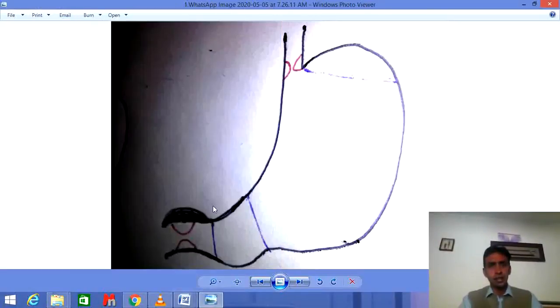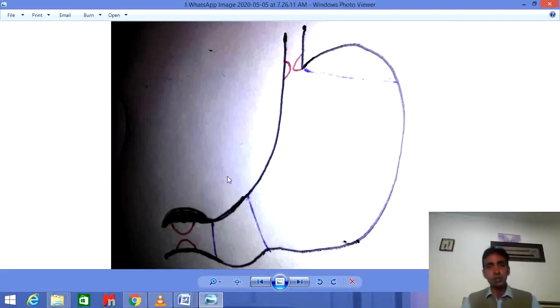This is just an anatomical location, used by physicians for the division of the stomach. It divides the stomach into the right side and the left side.